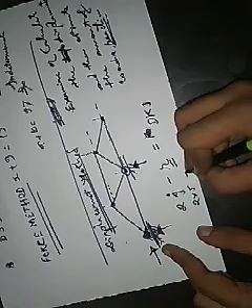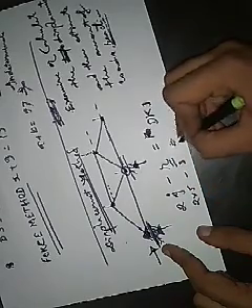So the kinematic indeterminacy will be 7. 2 into 5 minus 3 is equal to 7. Okay, so this is kinematic indeterminacy.